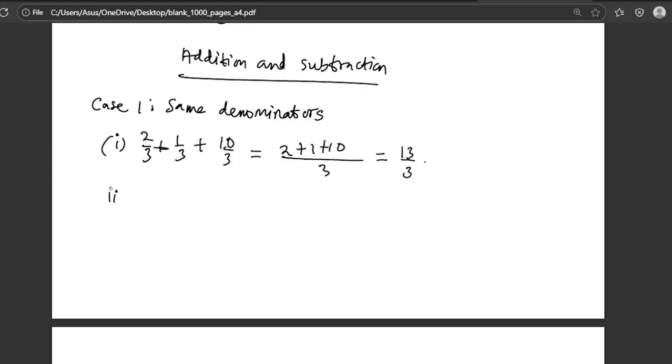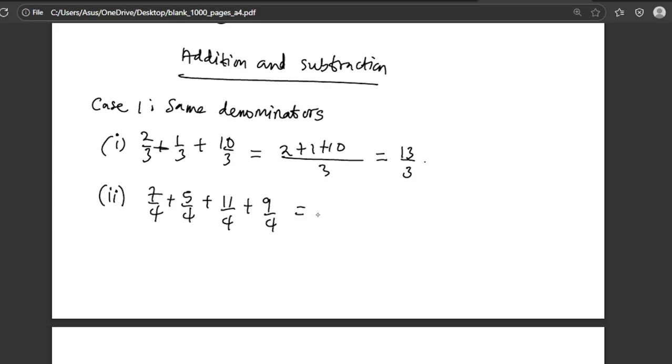Another example, we might have more than 3 fractions, we might have 10 fractions. We have 7 over 4 plus 5 over 4 plus 11 over 4 plus 9 over 4. There are 4 different fractions here, but they all have the same denominator. This is the first case.